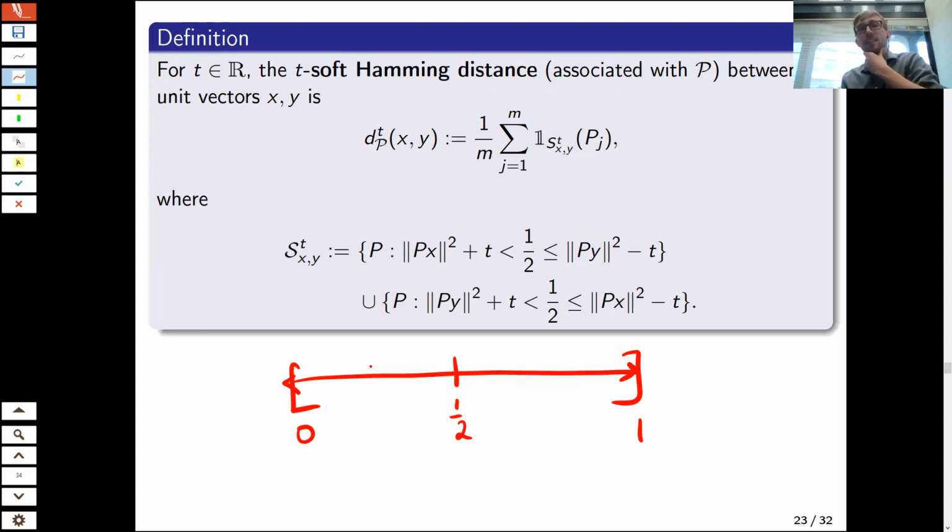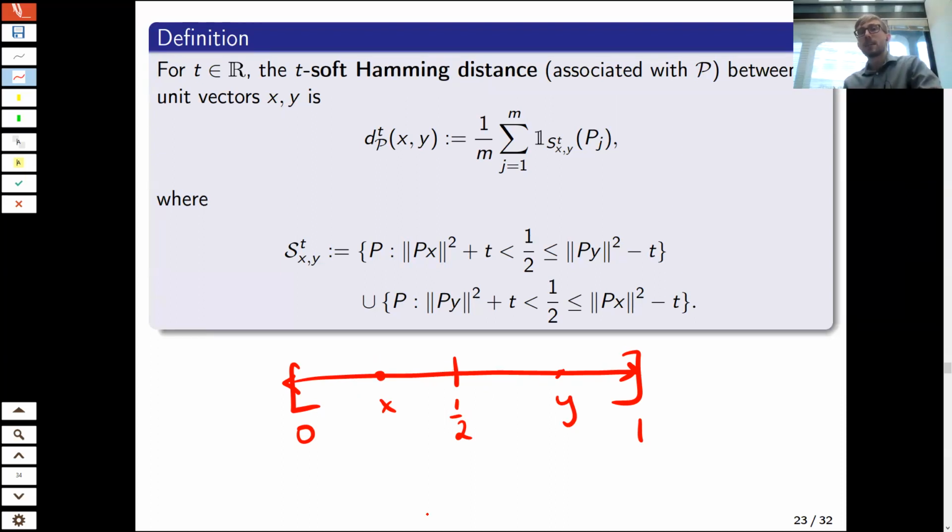That would mean that one of them gave me some magnitude squared over here, between 0 and 1/2, and one of them gave me a magnitude squared over here from 1/2 to 1. And that's all I know, that one of them is on one side of the threshold, the other's on the other side of the threshold. And they might actually be really, really close to the threshold, right? They might both be on different sides of the half threshold value, but really close.